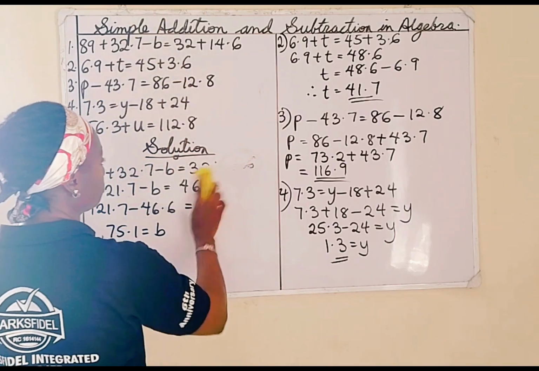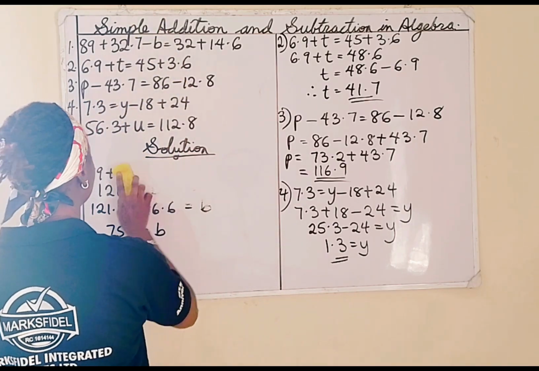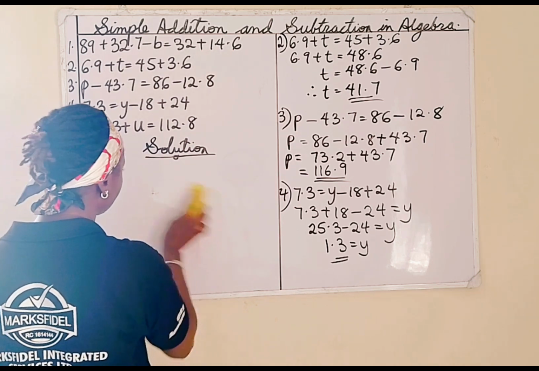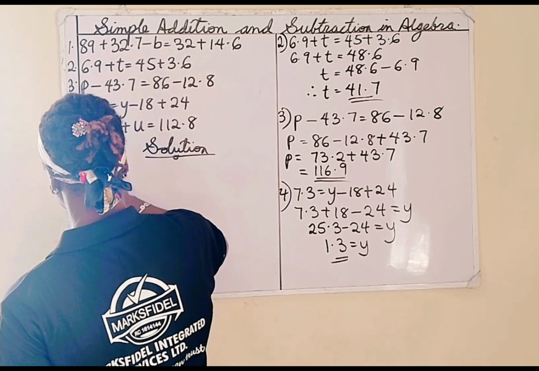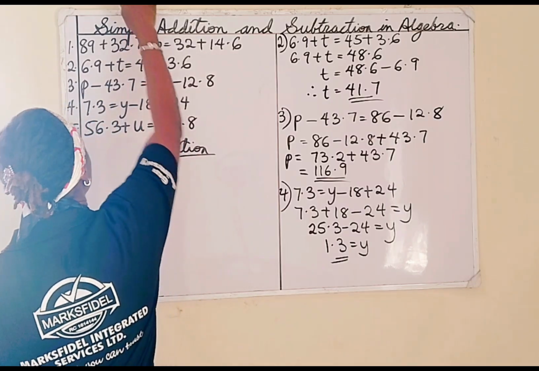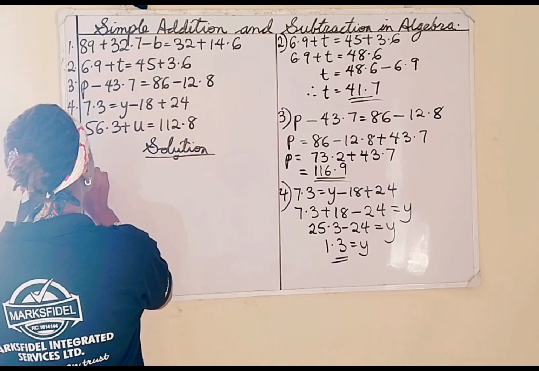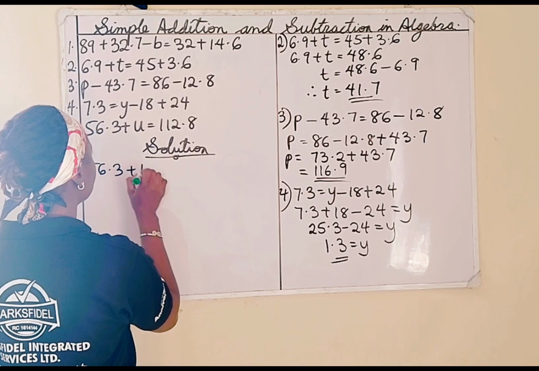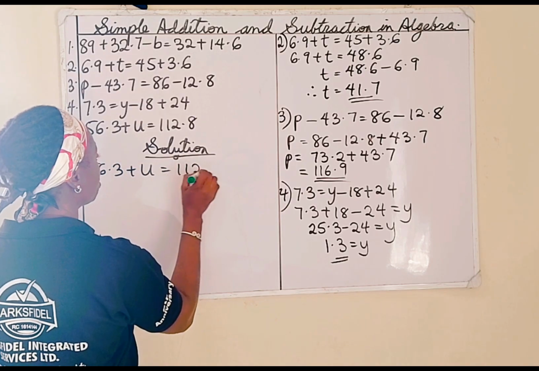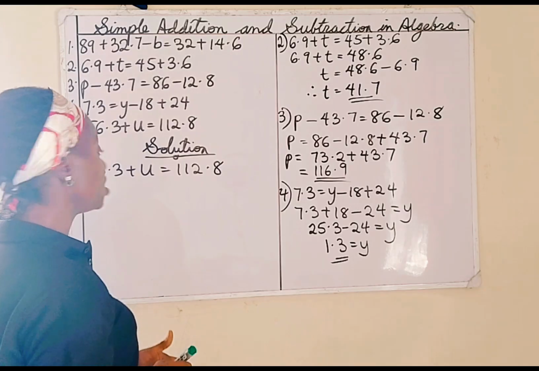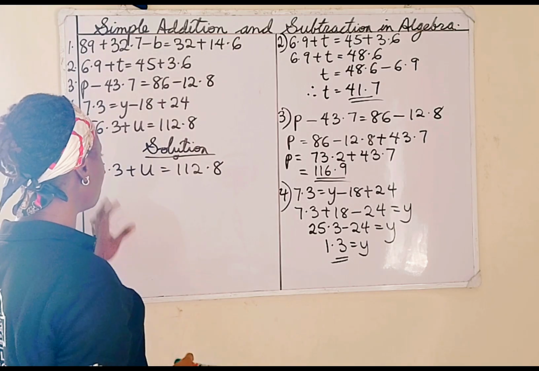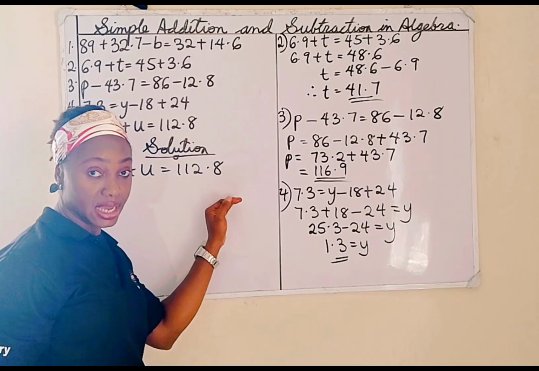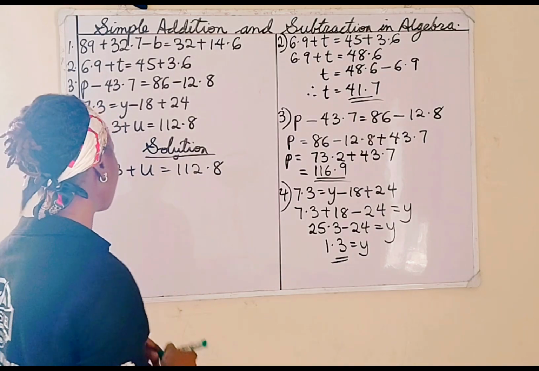Question 5. Question 5 says 56.3 plus u equals 112.8. This is very simple. All we have to do is to move our 56.3 from the left hand side to the right hand side, and then the sign changes.